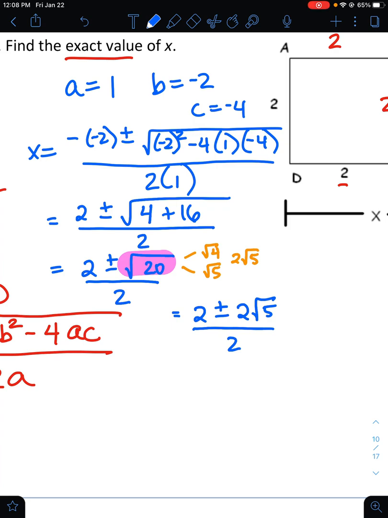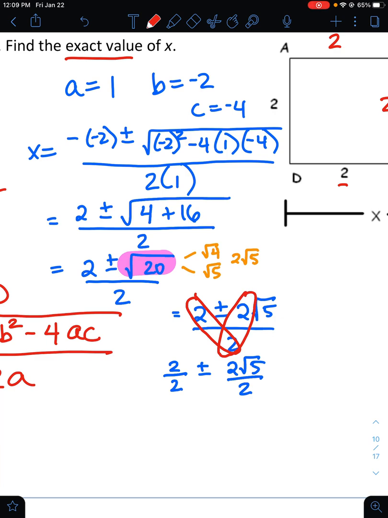Now, I can do one more thing of simplifying. Okay, because I want to remind you what we have here. We could separate this out. We really have 2 over 2 plus or minus 2 square root of 5 over 2. Okay, because it's a common denominator. 2's are common denominator. So we could put them together on one fraction. But if you separate them out, what I want you to be able to see here is 2 divided by 2 is 1. And then I have the other set. So sometimes you'll see this.